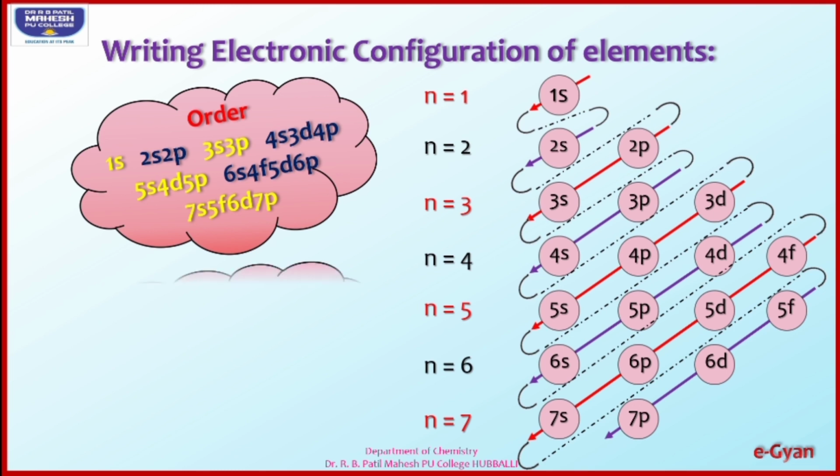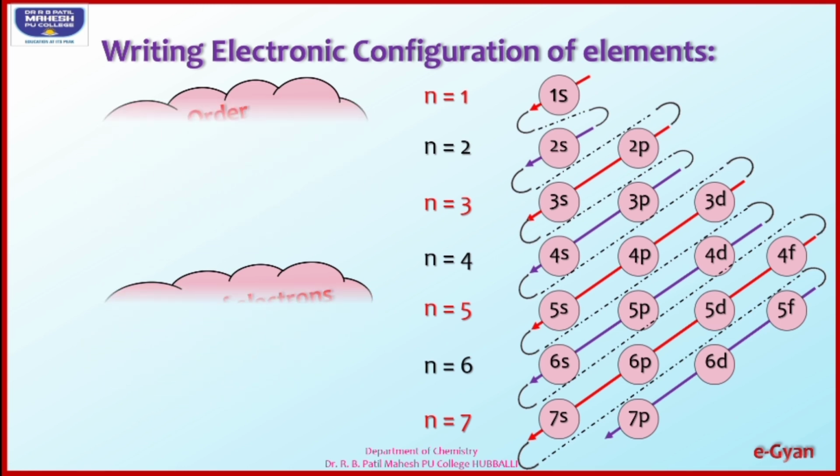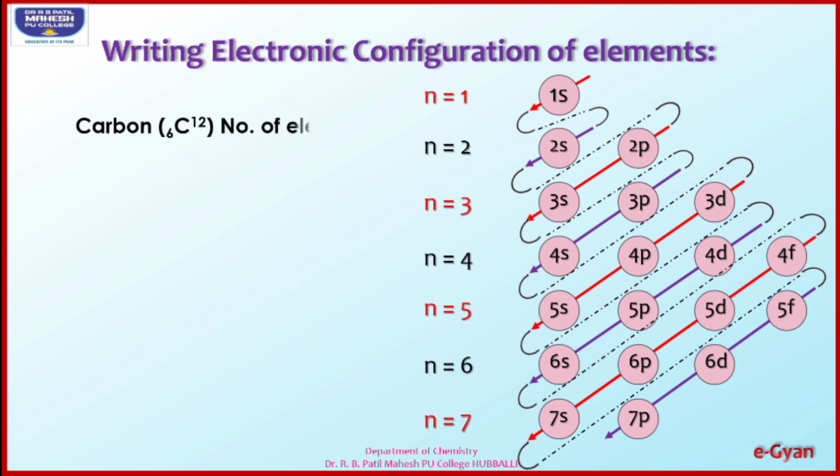How many electrons to be filled in S, P, D and F orbital? We learned in the previous session and also in the previous slide that S can have maximum 2 electrons, P can have maximum 6 electrons, D 10 and F 14 electrons. Example: carbon 6, carbon 12, number of electrons are 6.